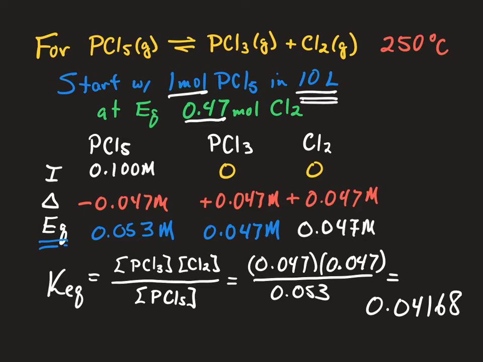I'm keeping more digits; to 3 significant figures it would be about 0.0417. But we will keep this in mind because we will do more calculations with it, and we don't want rounding to affect our further calculations. So you'll see that number again.